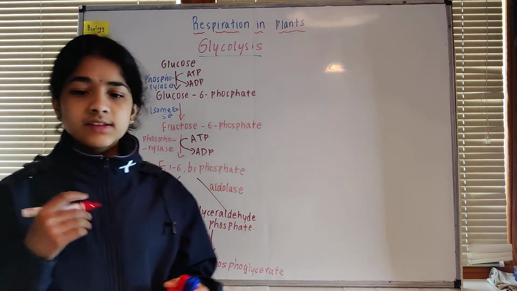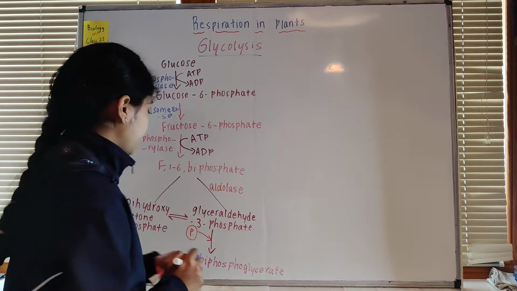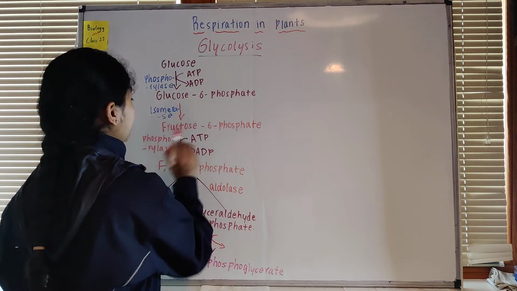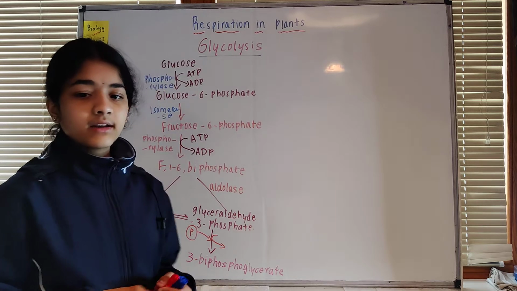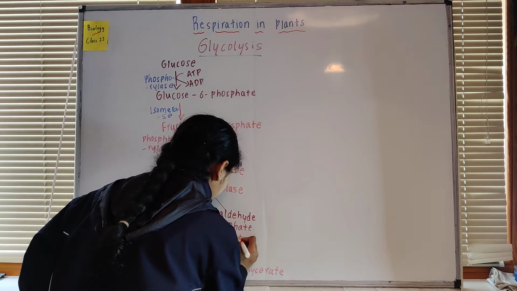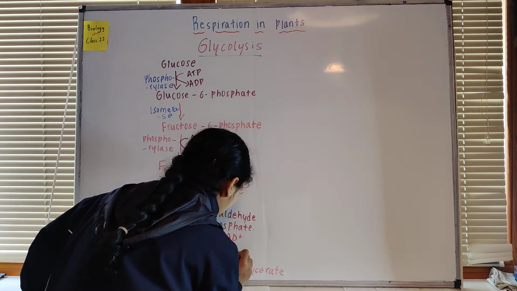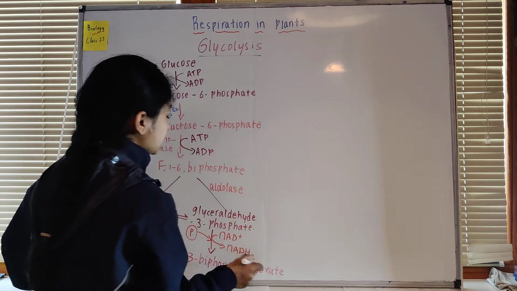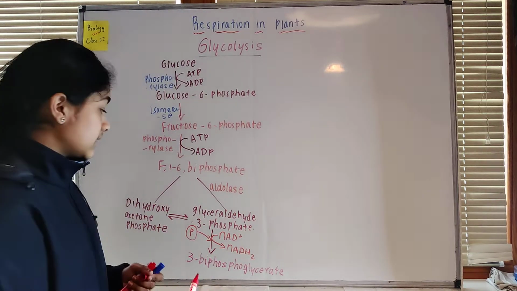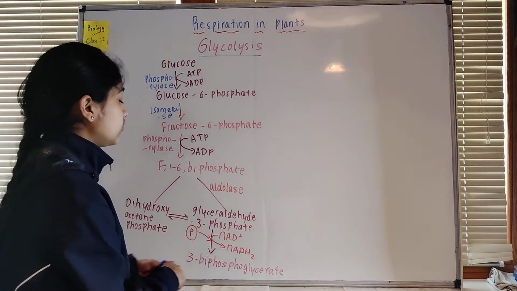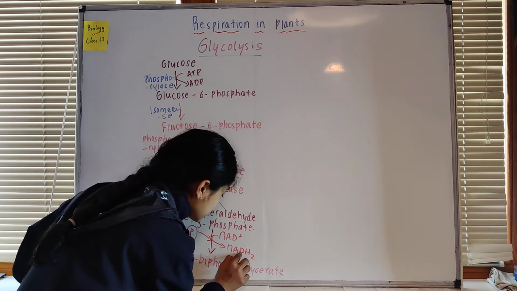Now this reaction is a redox reaction. Here, instead of ATP getting reduced, what is getting reduced is NAD+, and it is forming NADH2. So NAD+ is getting reduced into NADH2.